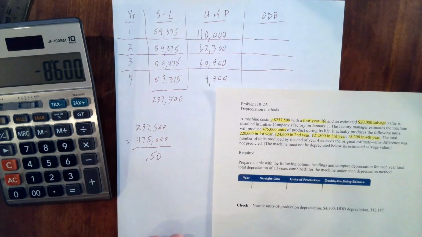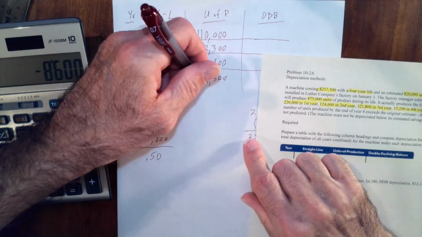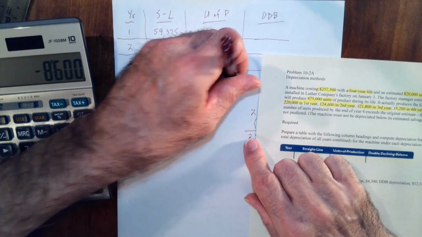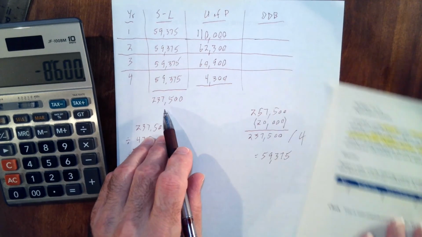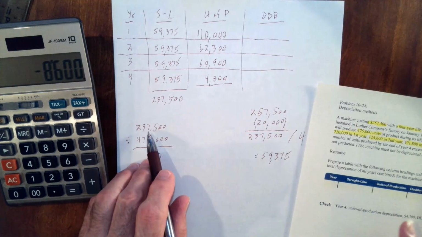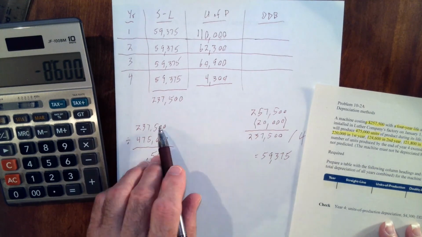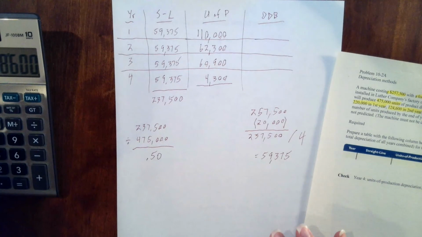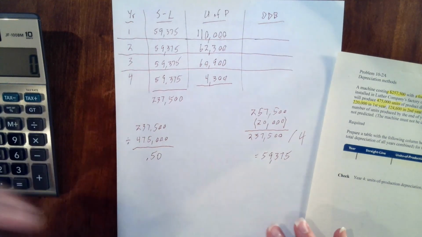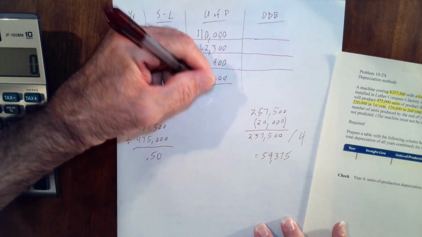Okay, and if I total this up, I will come up with the same number I did right here, 237,500, which is what has been used to depreciate, less the salvage value. So here I go. This totals up to 237,500.